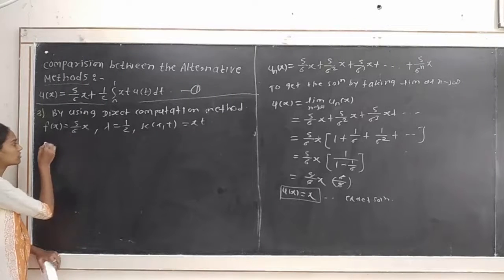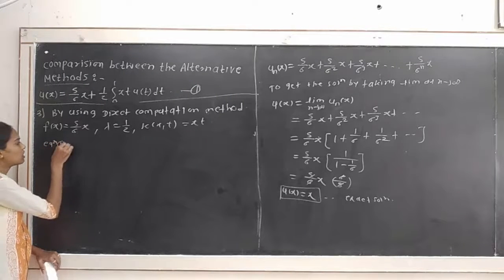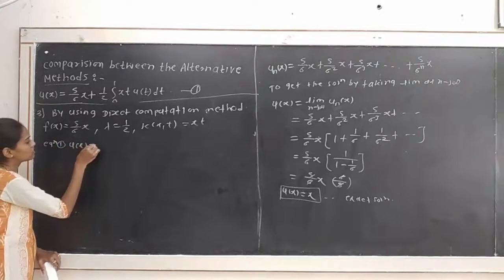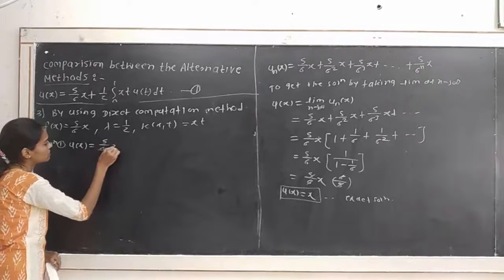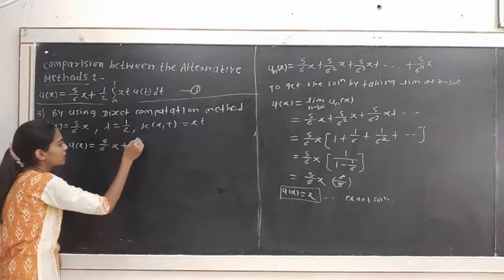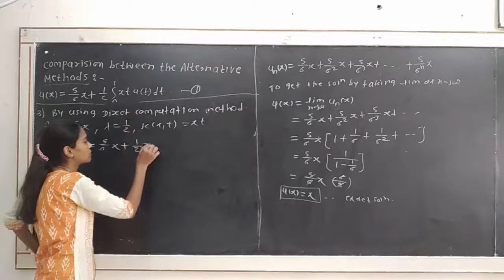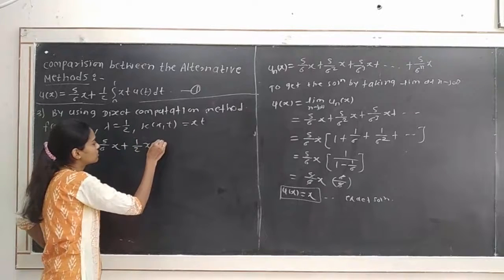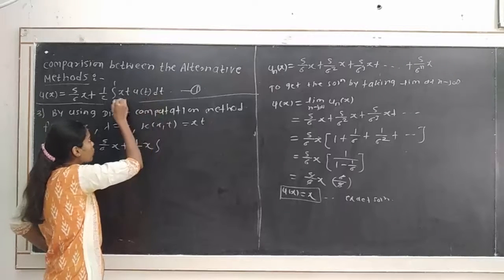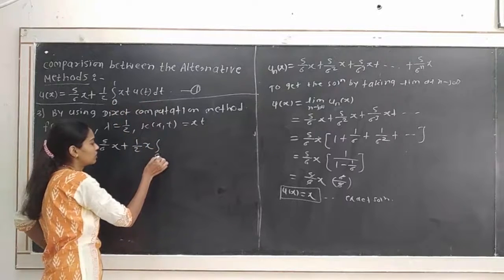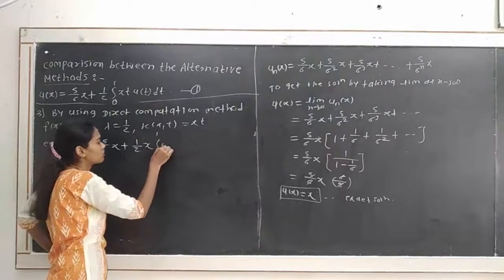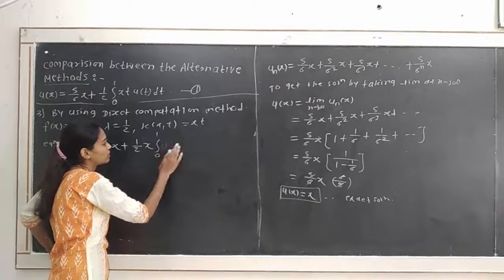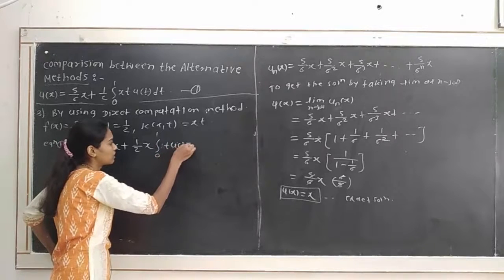Okay, so equation number 1 can be written as u of x is equal to 5 divided by 6 into x plus, here we take 1 by 2 and x outside, that is, terms which are constant with respect to t we take outside, so the integration from 0 to 1 of t into u of t dt.